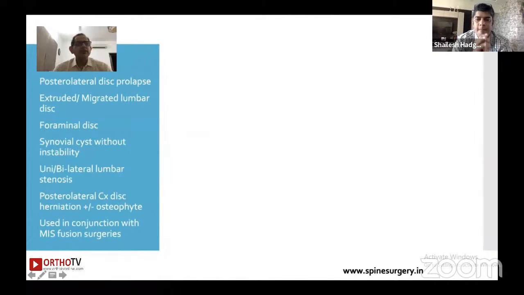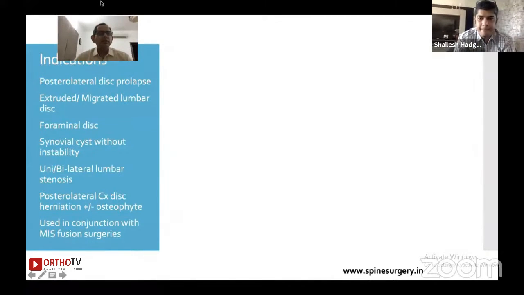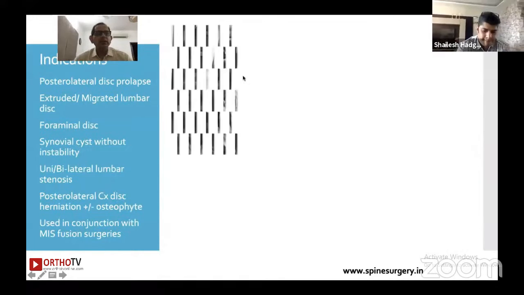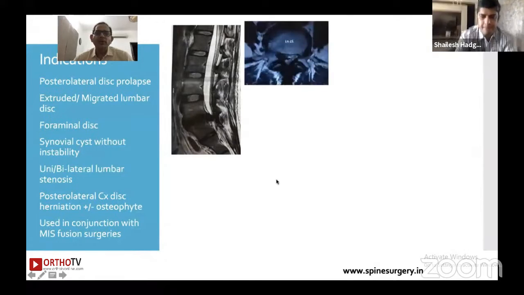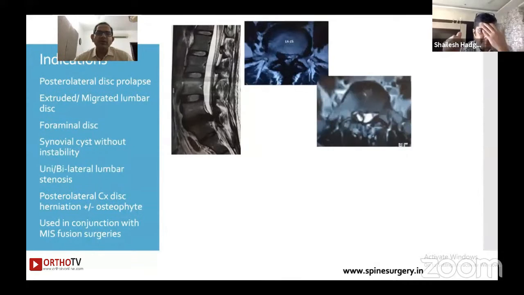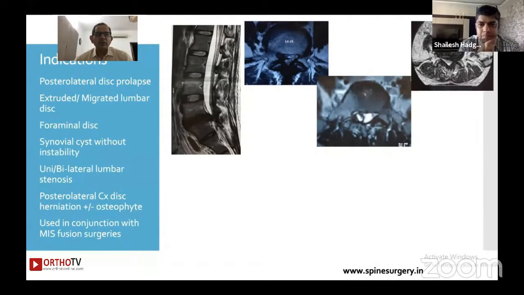Looking at the indications of this surgery, the classic posterolateral disc prolapse is the main indication. You can also do it for the migrated lumbar disc or an extruded lumbar disc. Foraminal discs can be tackled. Synovial cyst without instability can be managed very well with just the system.